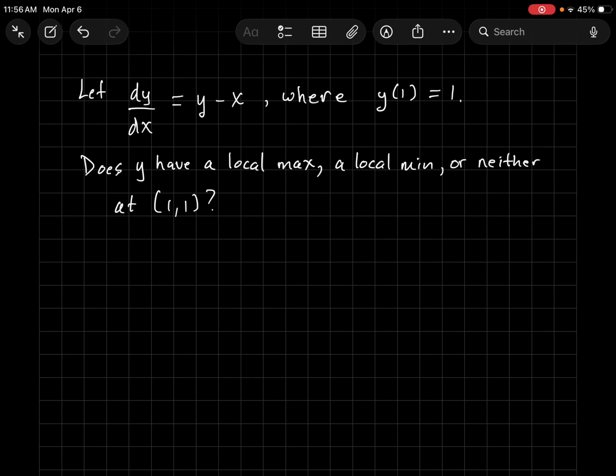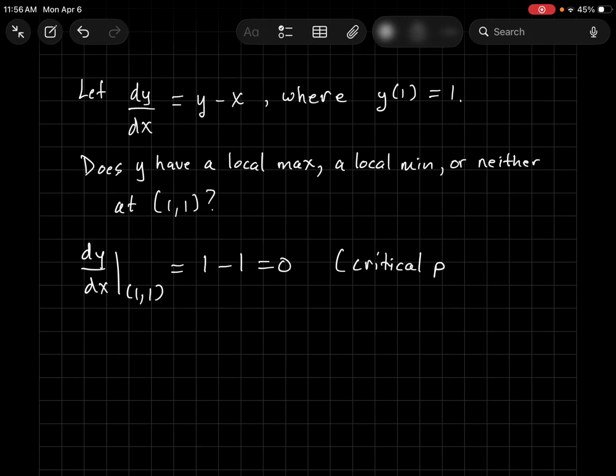So we're going to start by finding the derivative at the point 1, 1. Since it's y minus x, it's 1 minus 1, which is 0. So there's definitely a critical point of y, which means y potentially has a max or a min.